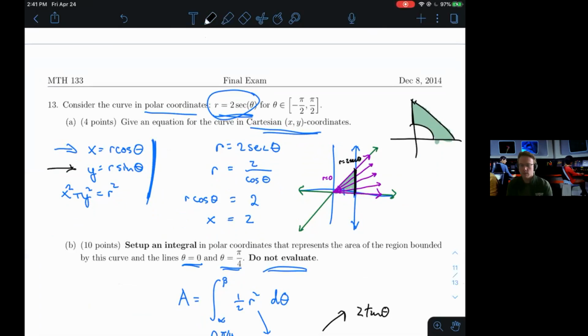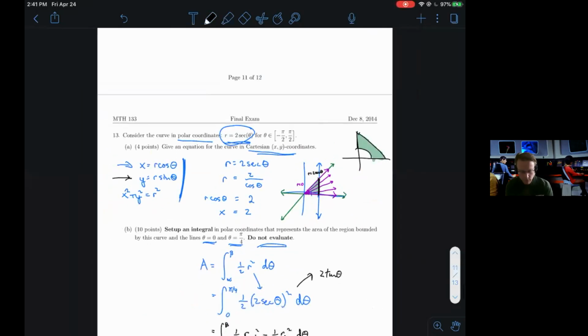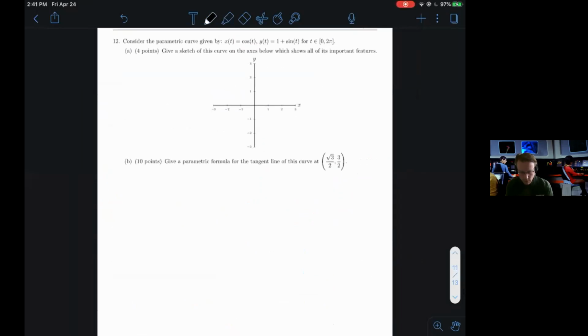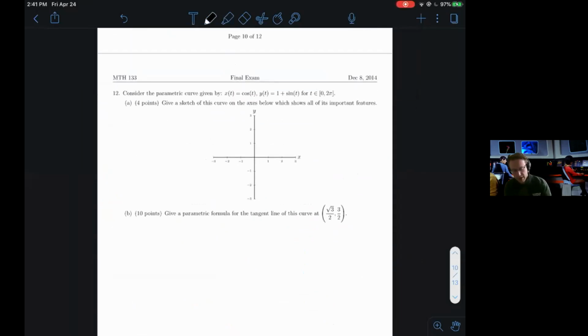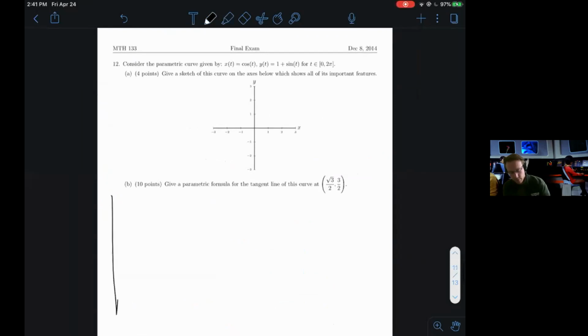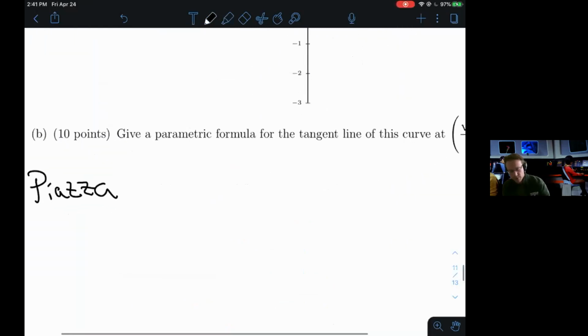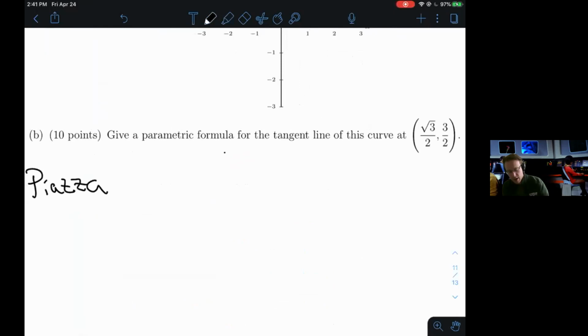Let's see. I think we did 12B from the 2014. That's the one you just did, right? No, this was 13. Oh, that was third. Okay. But actually, 12B here, this one got asked on Piazza as well. And this is an old style of question. We've never really talked about the parametric formula for a tangent line.